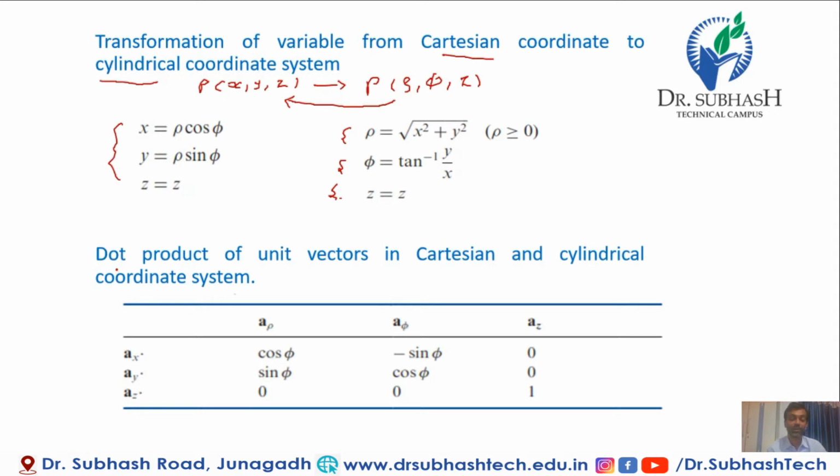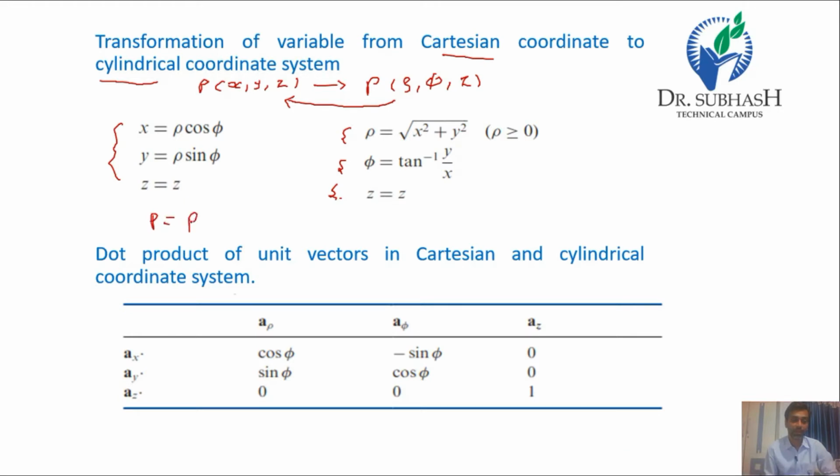Similarly, when we transform a vector, suppose we have one vector P, which is Px Ax plus Py Ay plus Pz Az, into the cylindrical coordinate system, which is represented as P rho A rho plus P phi A phi plus Pz Az.